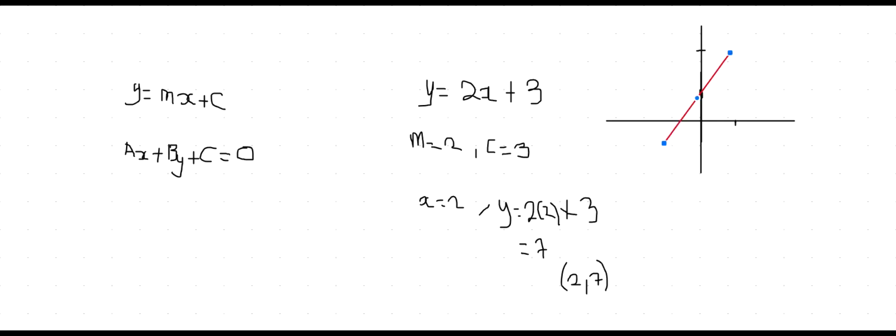So to graph a line, basically you just need 2 points. If you can find one point on one end and another point on the other end, then you connect those 2 points with a straight line, then you'd have graphed the line. So this is how you graph a line using the y-intercept and a point.